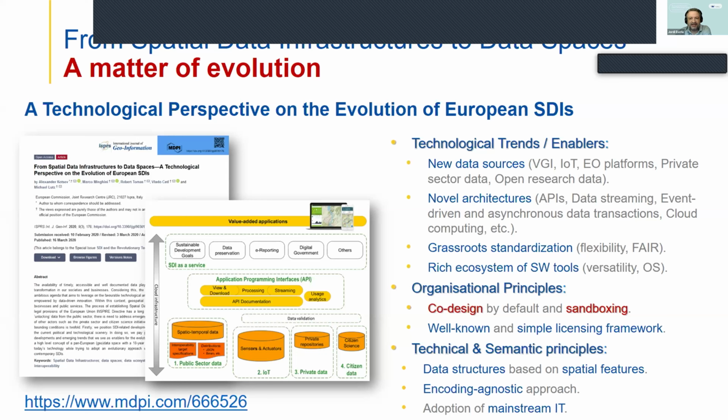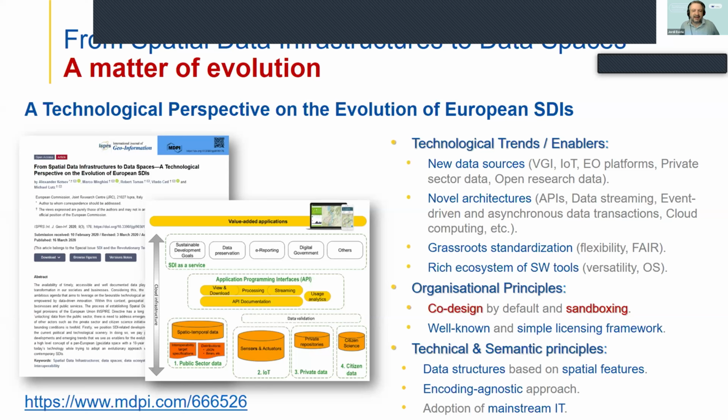Also applying novel architectures like APIs, data streaming, these data transactions. Why not say the push for this Gaia-X ecosystem, etc. And we can see technological trends as enablers, also organizational principles.